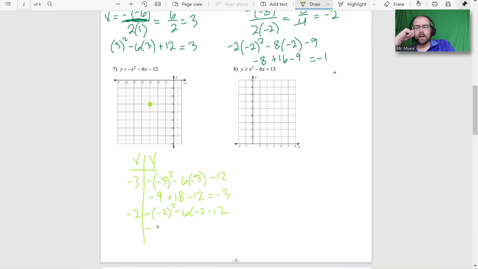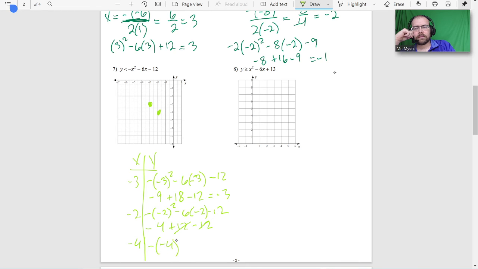So let's see. Negative 4 plus 12 minus 12. So that's negative 4, actually. Negative 2, negative 4. Okay. And let's try negative 4. I have a feeling negative 3 is the vertex, but let's find out.